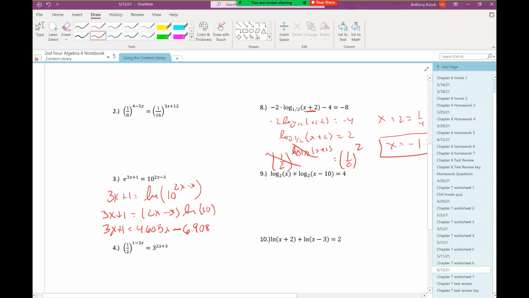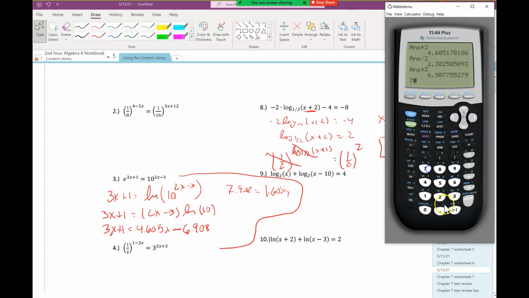So I can do that. Is it okay with that, Enzo? And then I can just subtract 3x from both sides. That turns it into 1.605x. And I can add 6.908, which becomes 7.908. And then if I divide by the 1.605, I'm done.